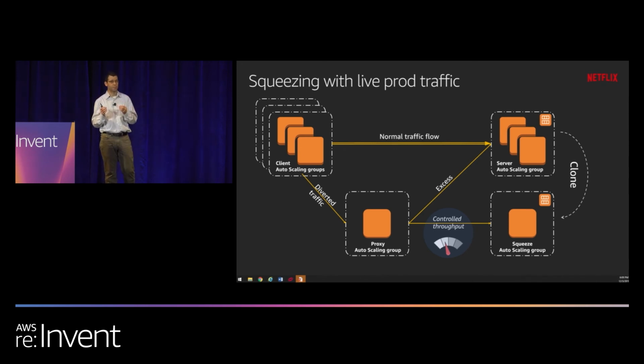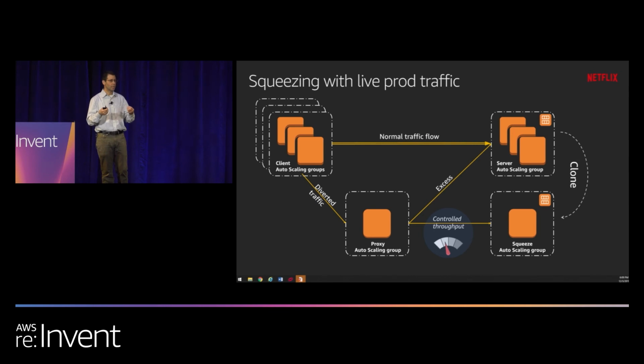It is possible for us to divert a portion of traffic that is destined to a particular ASG. And we can send this traffic to a separate ASG with a single instance that runs the same AMI. Essentially, it runs the same software. And we have a knob for controlling this throughput.